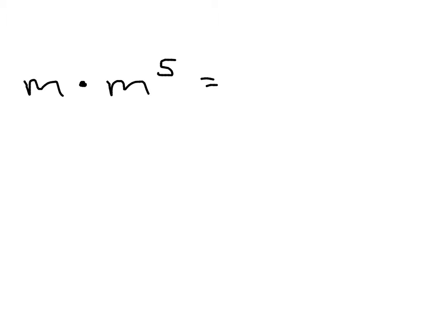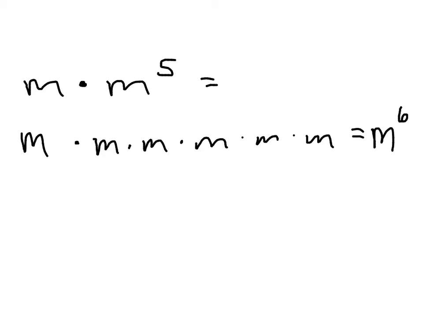Or what was the quick shortcut way that you could use? I could do it like this, where I have m from the first one, and then 1, 2, 3, 4, 5 of them to give a grand total of how many? 6. But what's the shortcut method? What could I have done instead of writing them all out and then counting?